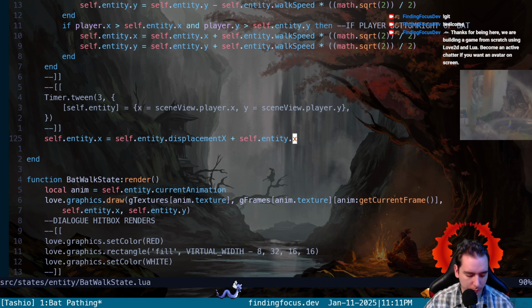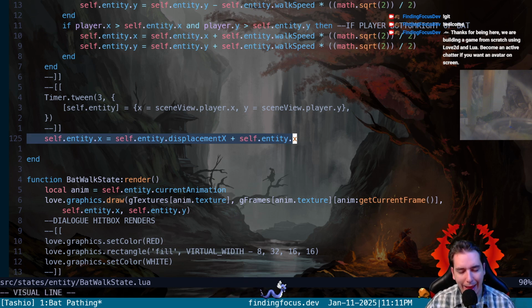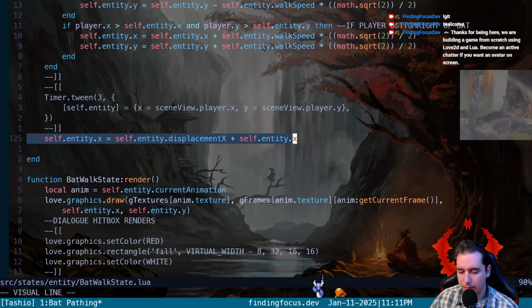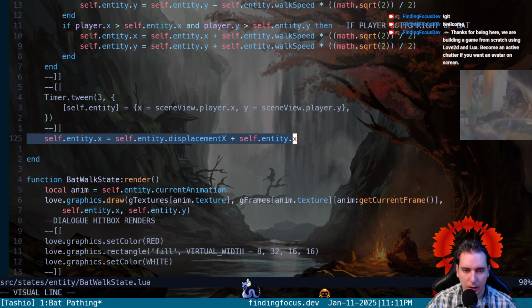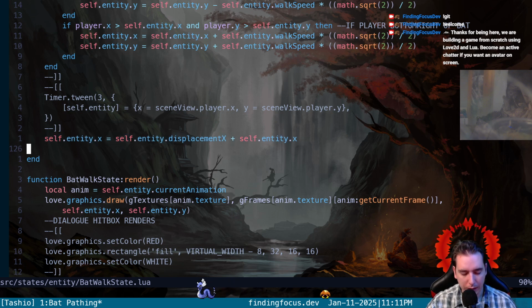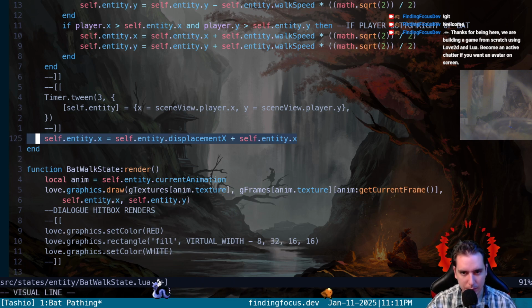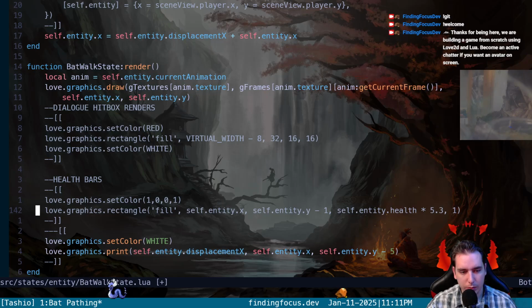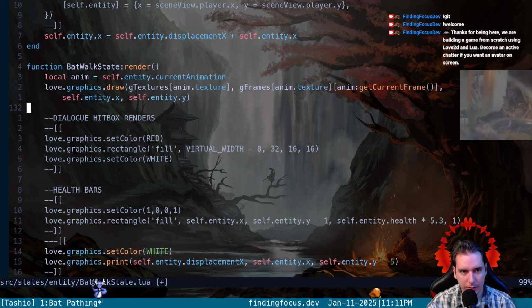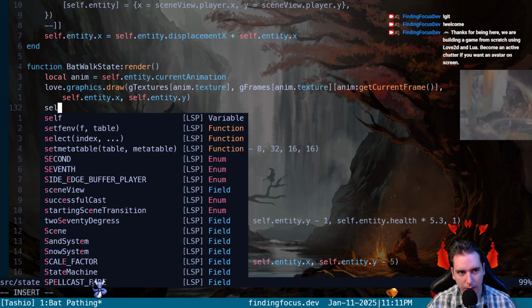Because we don't want to do what we're doing here, which is adding the displacement x every frame. But maybe what we need to do is displace us by the right pixel, then undisplace us, so the next... Yeah, I think that's what you have to do. I think what we have to do is we can say our x gets this displacement x, but then once we render our bat, I think we need to undisplace us, so that we can redisplace this again.